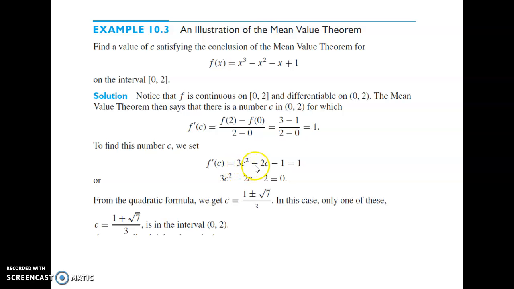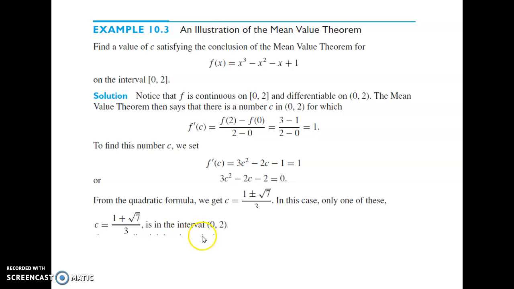Therefore 3c squared minus 2c minus 1 equals 1. So this one I bring to the left, it will be minus 2. So I will solve this. Again, this cannot be factorized, so I will use the quadratic formula. So I will get two values of c, that is 1 plus or minus root 7 over 3. In this case, check 1 plus root 7 over 3.